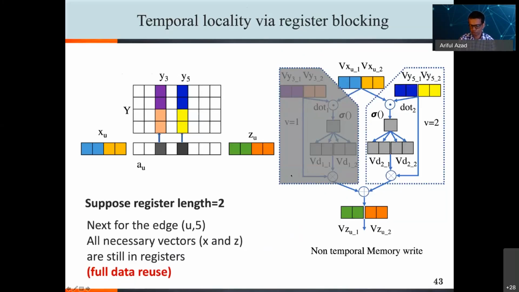The benefit of this approach is we load X and Z into registers, and we don't need to reload them again. We stream over Y and load necessary entries to registers and then perform our operation. So this can give us maximum utilization of temporal locality.